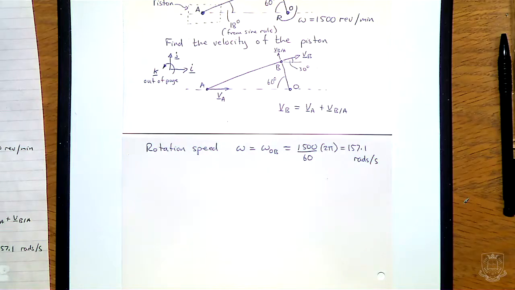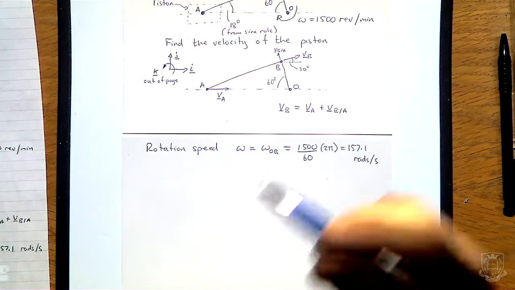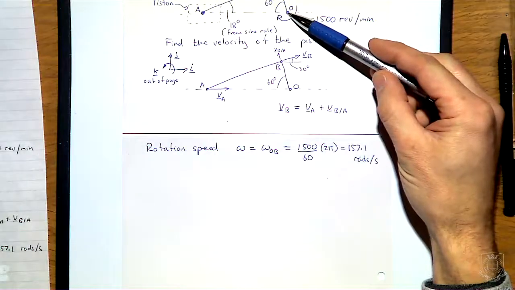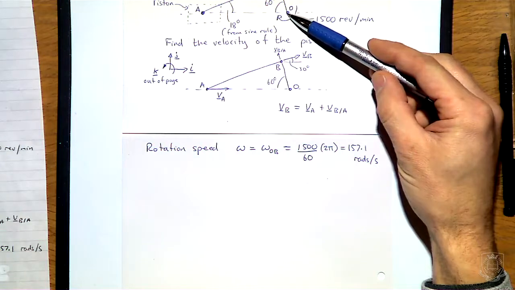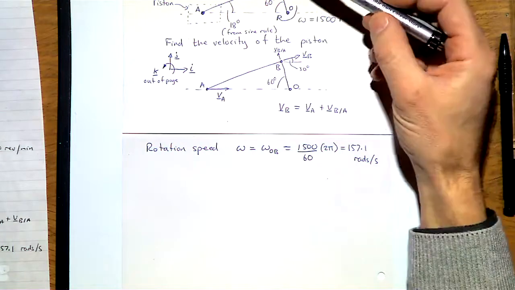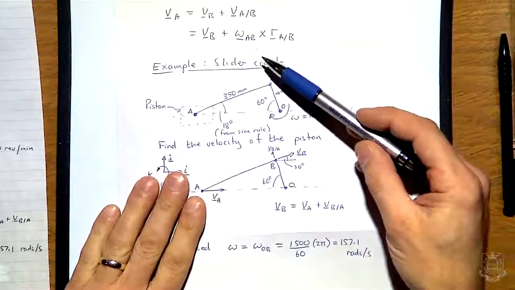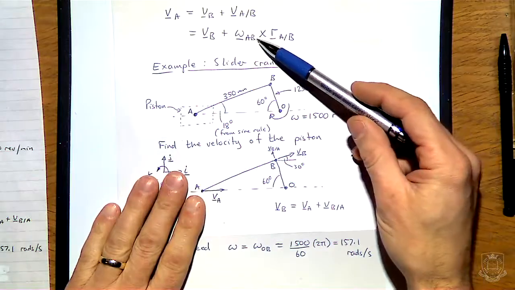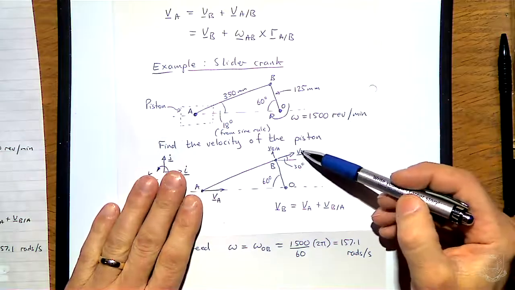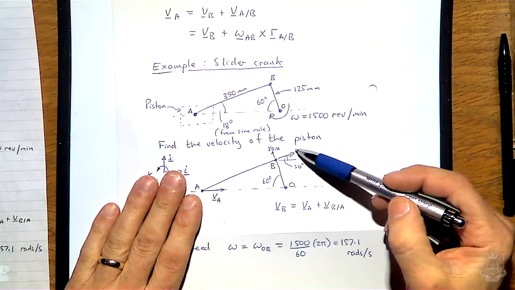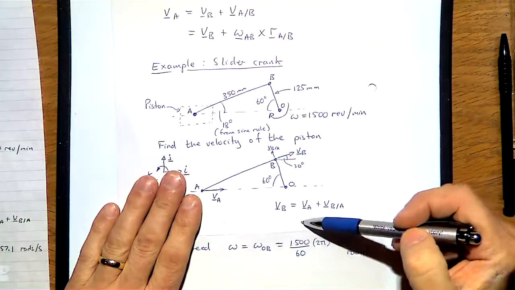Now what we're going to do is, whenever we have a situation like this, where we have a rotation of a crank around a point, we're going to use this kind of notation to find the velocity. Here we've got VB rotating around this circle, which is going to be drawn out around here.